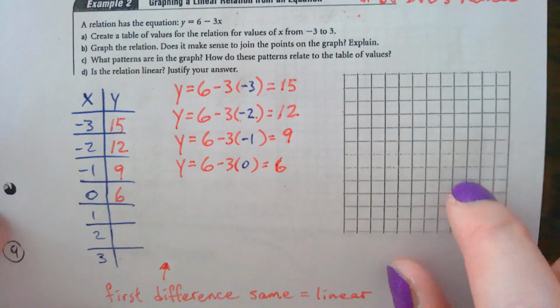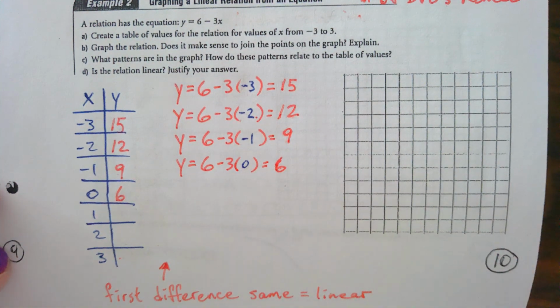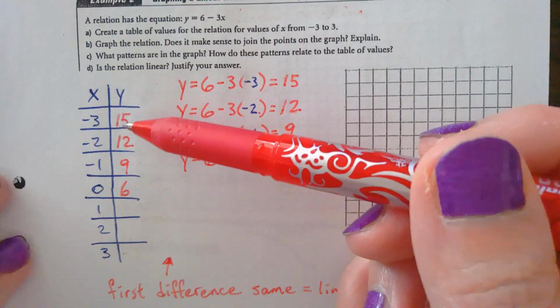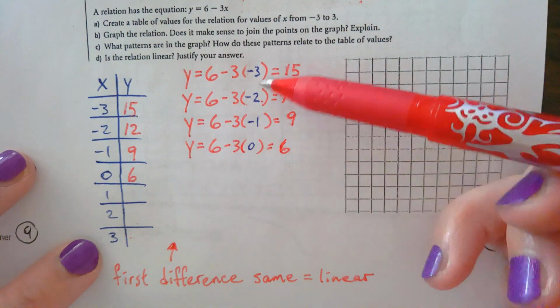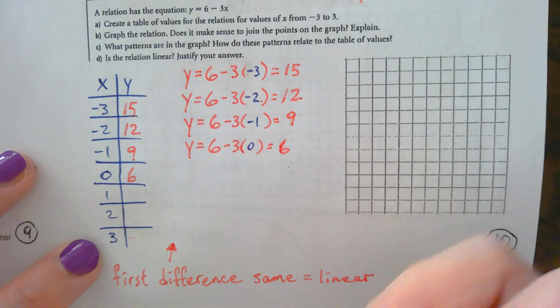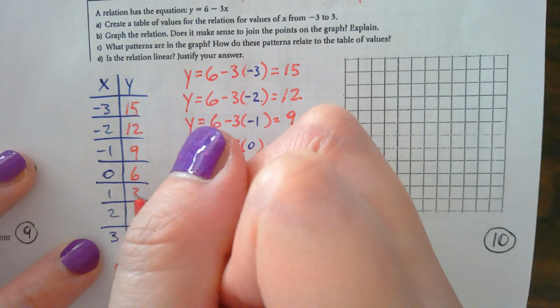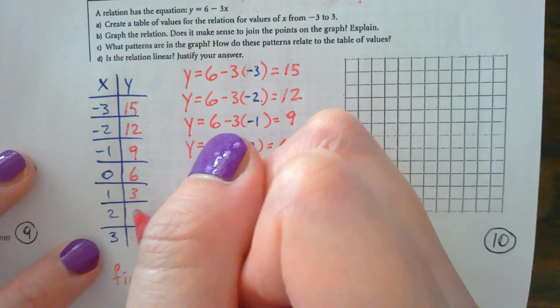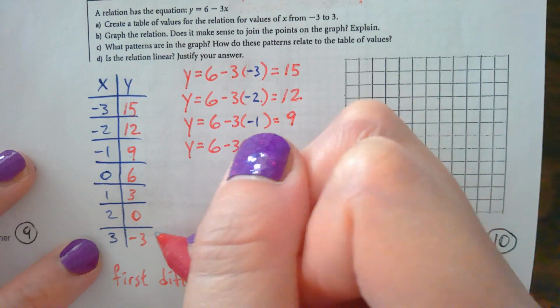Okay. Now, Nicholas, you're good with that pattern. Without doing any of this, can you tell me the next 3 numbers? Yep. How did you do that so quickly?